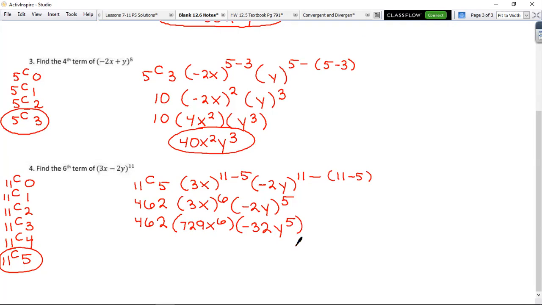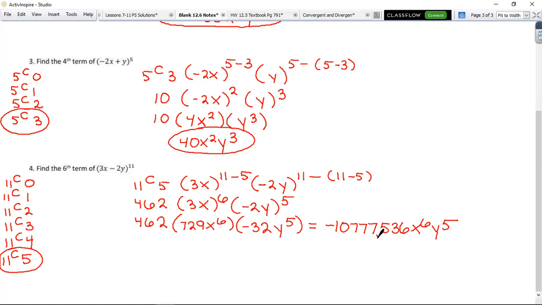All right, so last, I need to take the 462, multiply by 729 and negative 32. And I get a leading coefficient here equal to, let's see, how many sevens? 1, 2, 3 sevens, 536, x to the 6th, and y to the 5th.